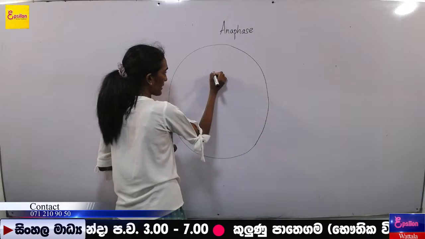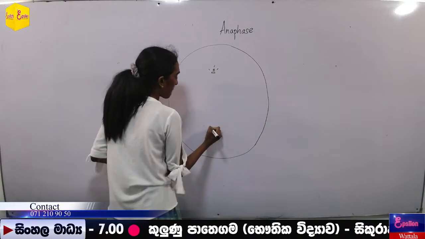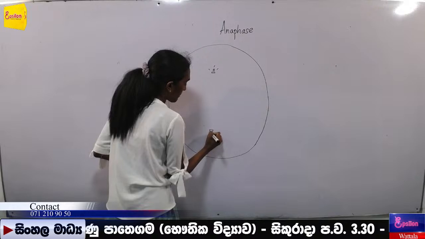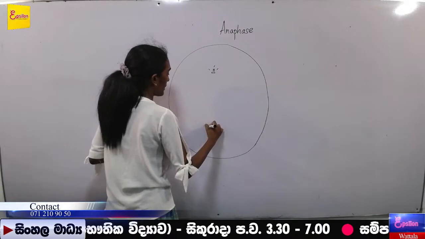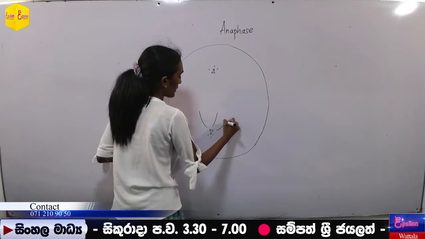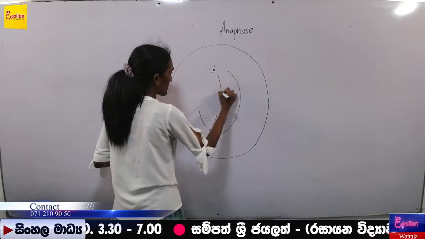So here are the centrosomes. Now the chromosomes are moving to the opposite poles.